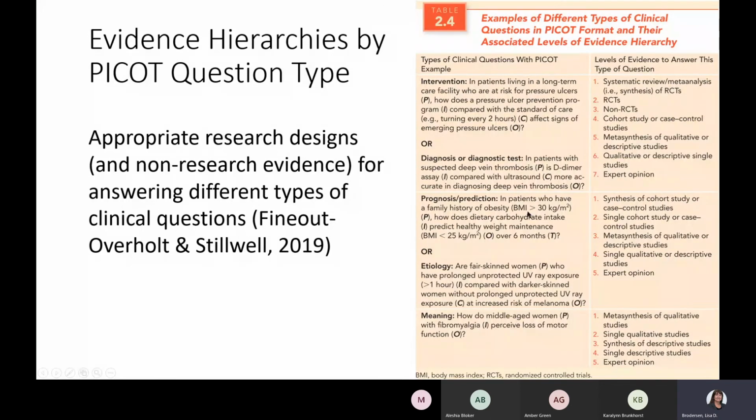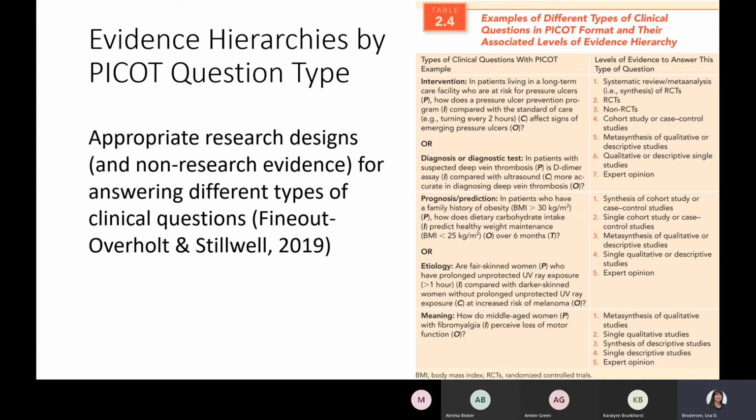And then you can see that you've got slightly different hierarchies if you're posing a prognosis, prediction, or an etiology PICO question. And then the same thing for a meaning PICO question. Your hierarchy is going to vary according to the type of question that you're asking. And for the most part, students in the MSN program go on to do projects that involve some type of practice change that would be considered an intervention change.